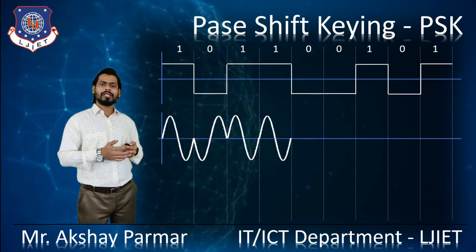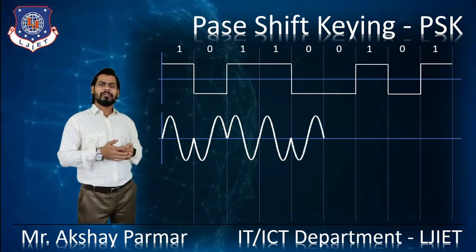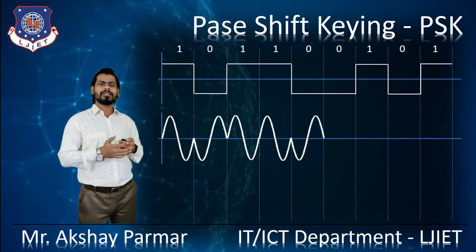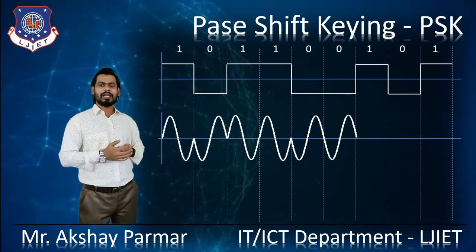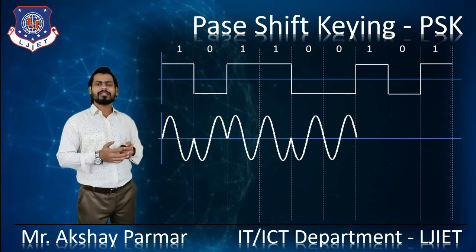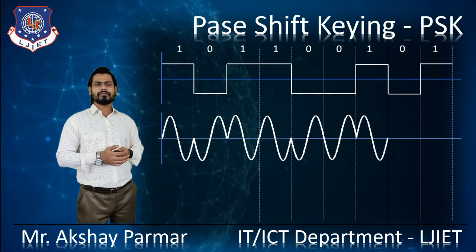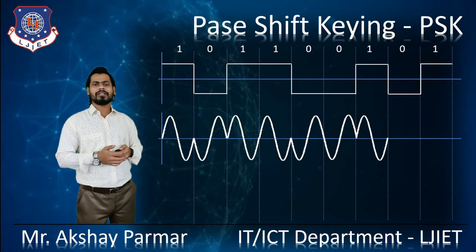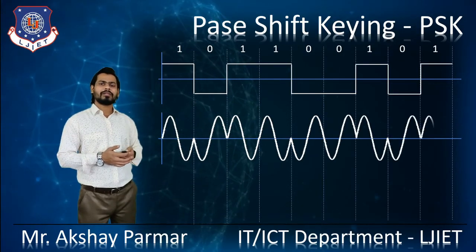After that, bit 0 is there, so phase shifting is required, so it will shift its phase and represent bit 0, right? So likewise, we are representing that digital data in the analog signal by simply changing its phase, right? This is how the digital data is converted into the analog signal.